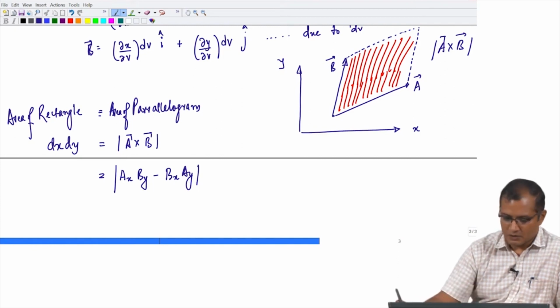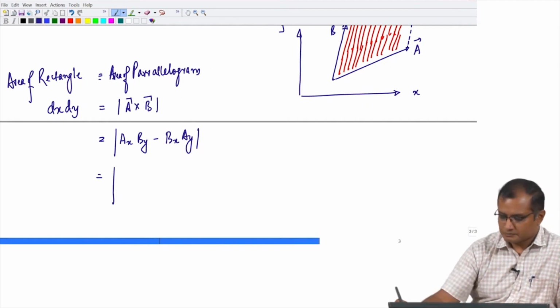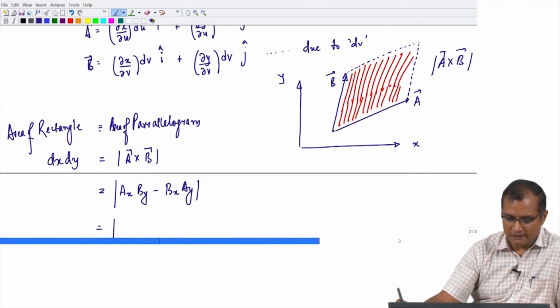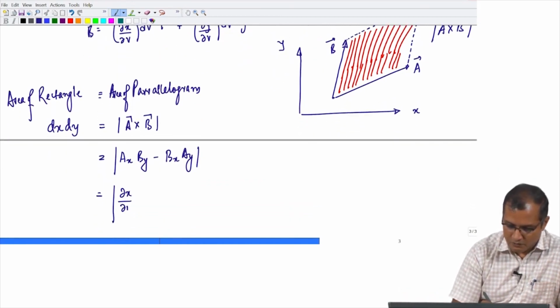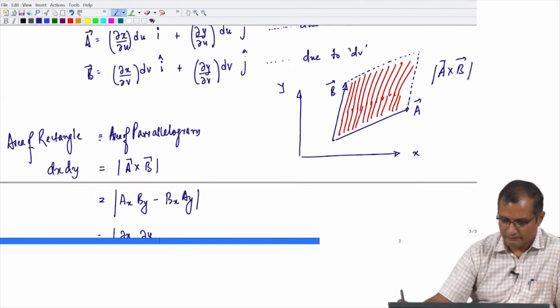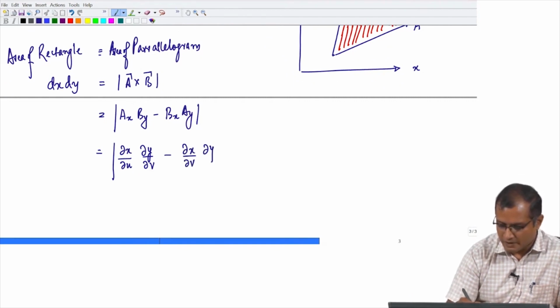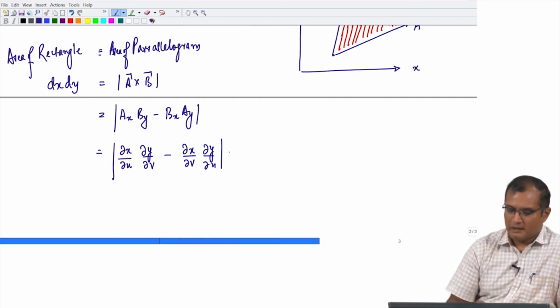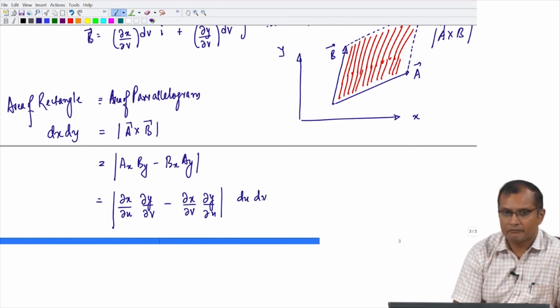Okay. So, I can then write this, from this definition here, as dx over du into dy over dv minus, I can write it as dx over dv into dy over du. Of course, I have taken du times dv outside.